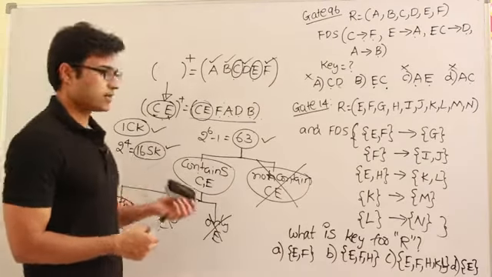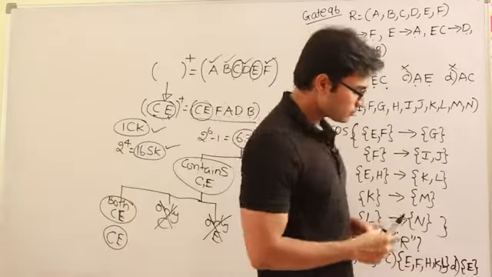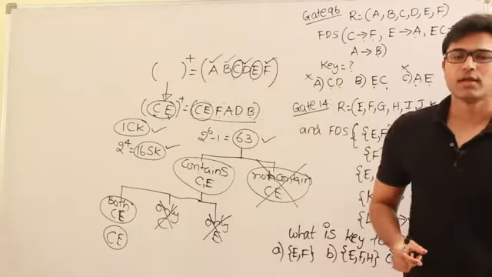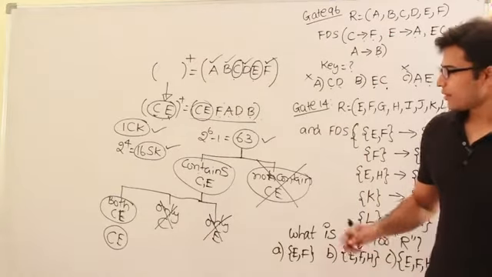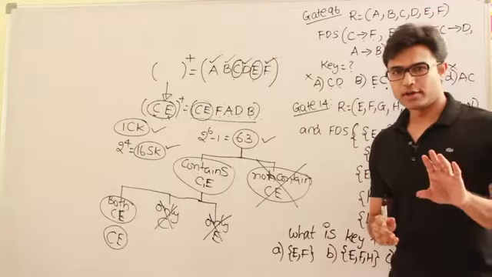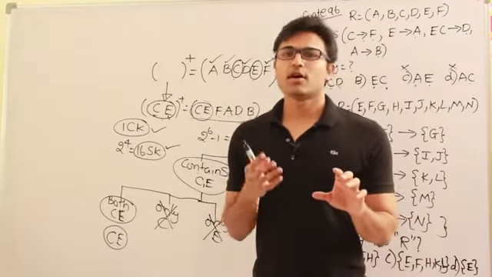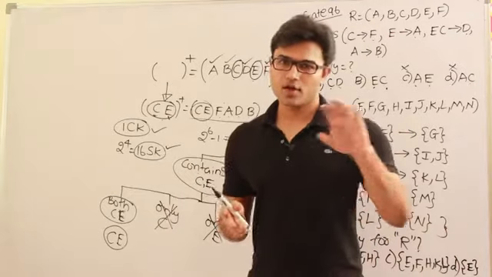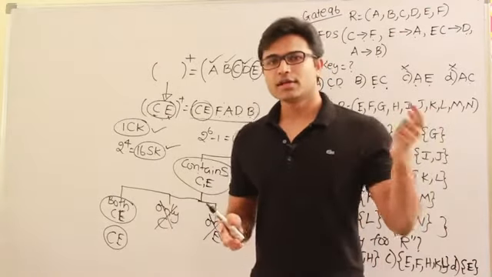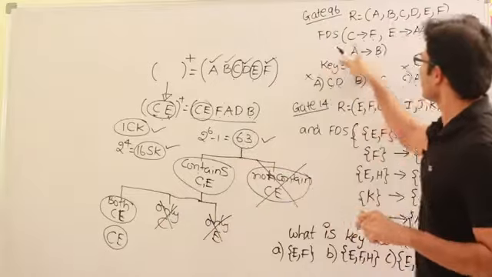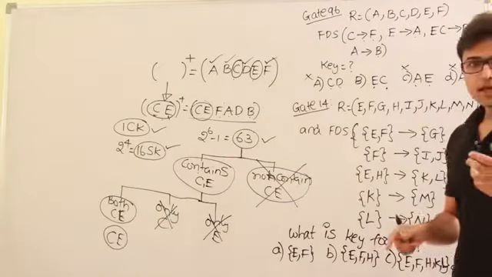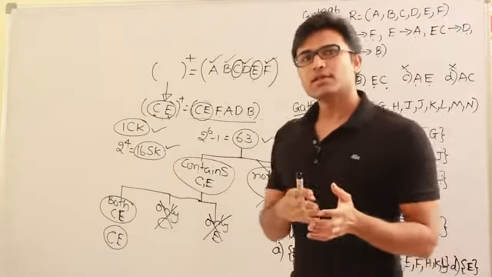And that candidate key is CE itself. I don't know if you are understanding this or not. In simple words, any key, whether a candidate key or a super key, if it has to cover all the attributes, should definitely contain CE, because CE is not covered by any other attributes. Therefore CE should be present in the key.